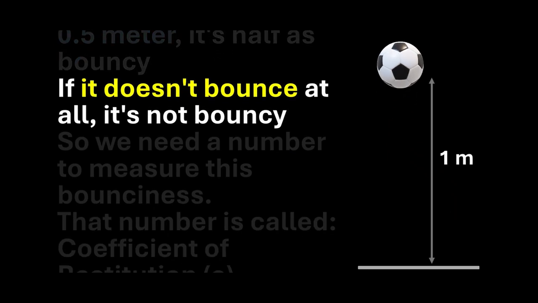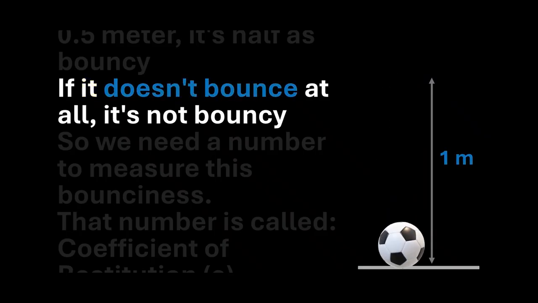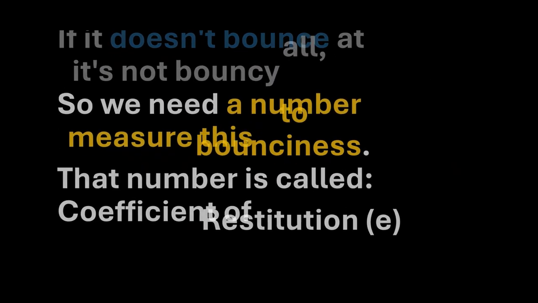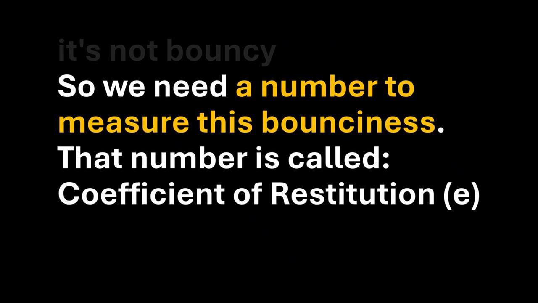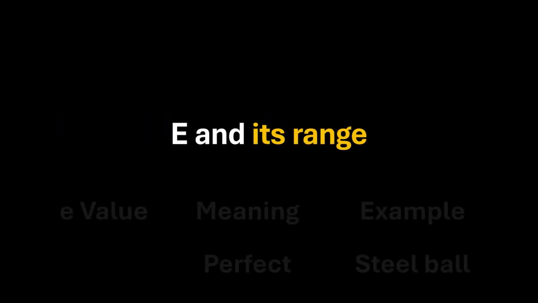Now, third case, if it doesn't bounce at all, it's not bouncy, which means you drop it from 1 meter and it just gets embedded in the wall or in the floor. It doesn't bounce at all. And this bounciness can actually be measured by a number, which is what we call the coefficient of restitution. Now it has a range.